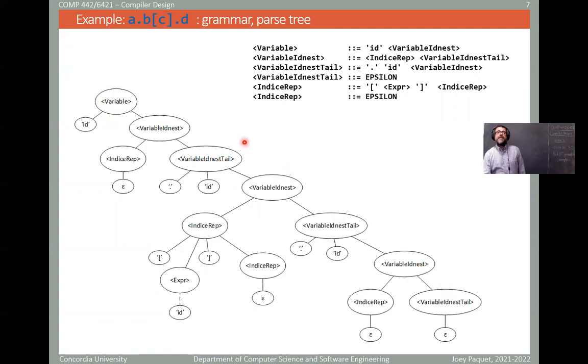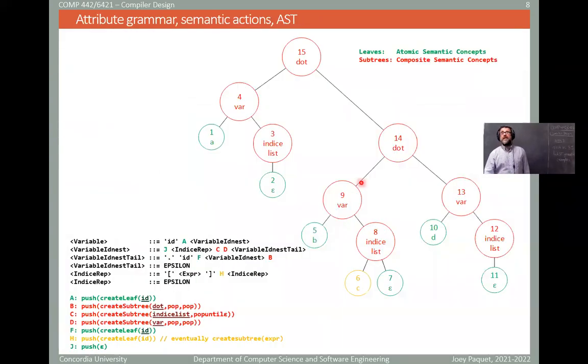Now, you see there's plenty of things that we don't want in this parse tree. Essentially, what we want is something more orderly, such as this AST here. This is essentially a dot node.